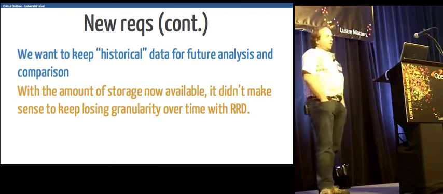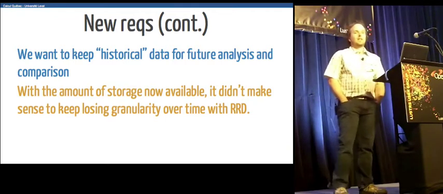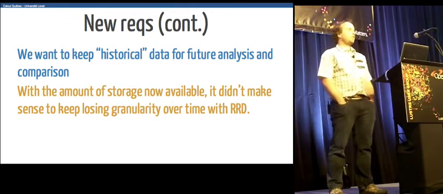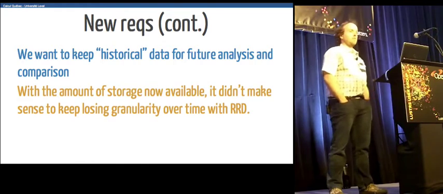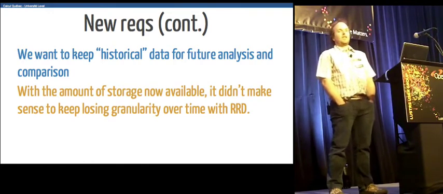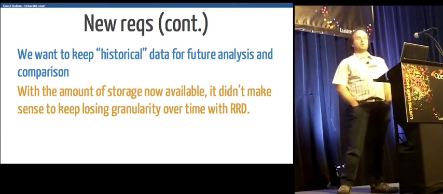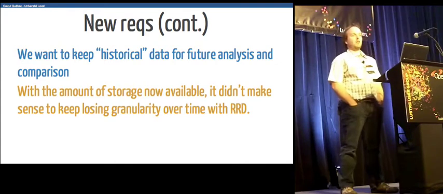And our last requirement is that we believe in keeping all of the historical data. We've been trying to keep everything since the beginning of time in our data center. And we believe that with the amount of storage that's available to us today, it doesn't make sense to lose granularity with our RRD files.